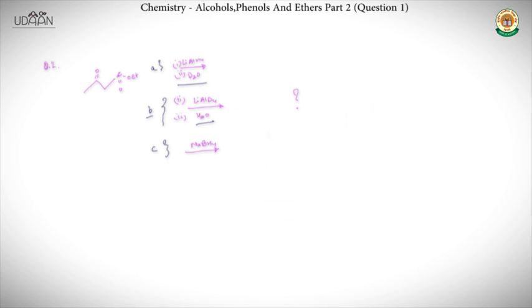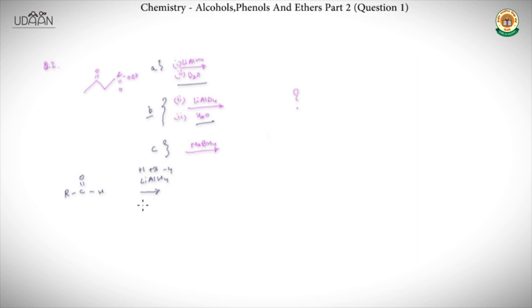Let us proceed with the general mechanism of any aldehyde when it is reduced with LiAlH4. So let us take the most simple case in which an aldehyde is there. We are reacting it with LiAlH4. We know that Al is +3, Li is +1, and therefore hydrogen has a -1 oxidation state, so the total is -4.